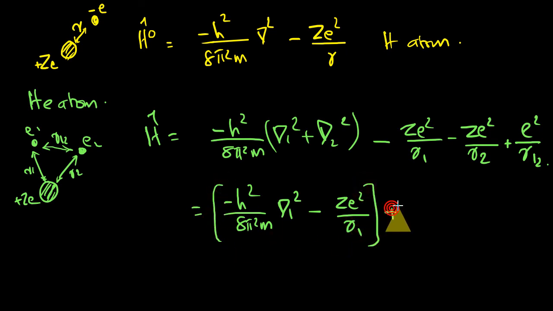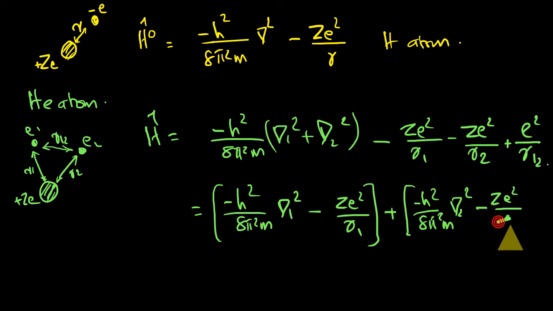Then plus minus h square divided by 8 pi square m del 2 square minus Ze square divided by r2, plus the last term, e square divided by r12. Okay, so this is the Hamiltonian.